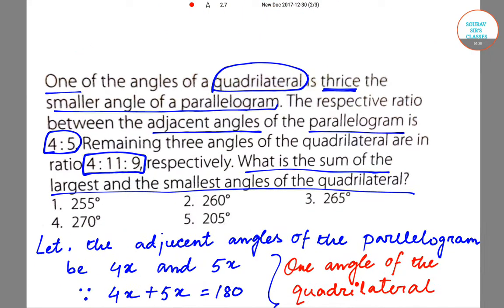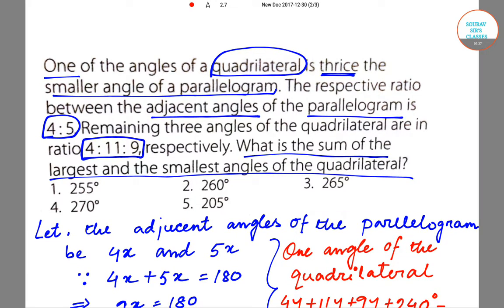So here option 2, that is 260 degree, is the correct answer. So the sum of the largest and the smallest angles of the quadrilateral is 260 degree, and this is our answer.